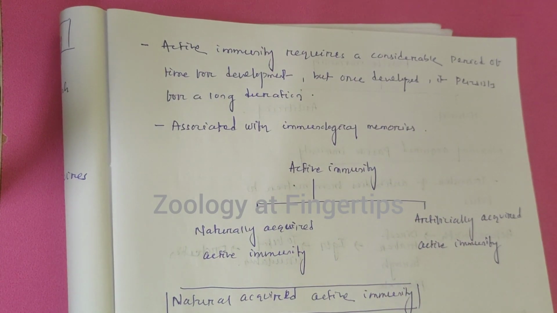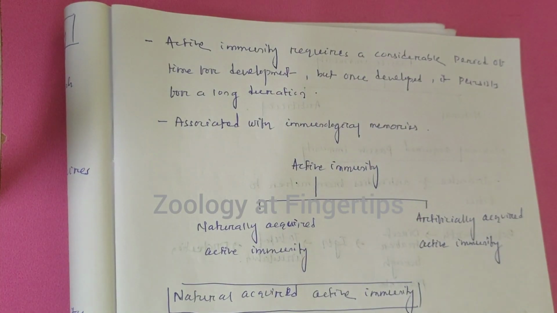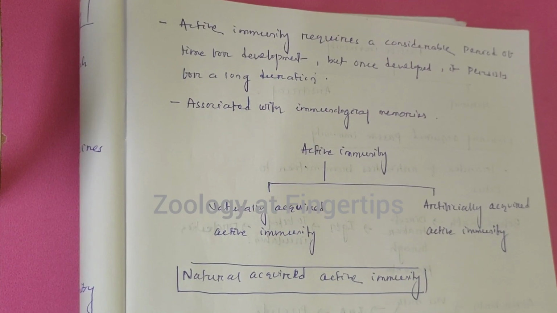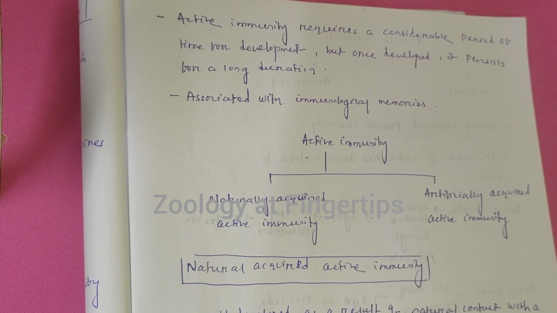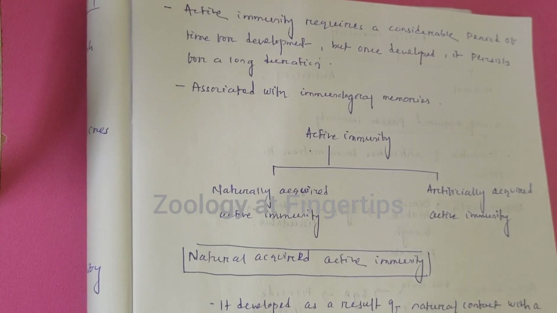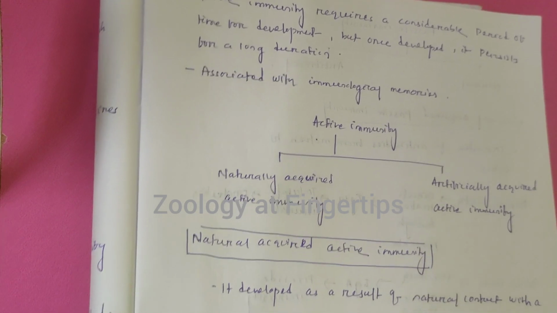And the most important point of this active immunity is that it is associated with immunological memory. Immunological memory is simply lymphocytes which are developed during the primary response. Primary response means when our body comes in contact with a particular antigen for the first time, it develops certain lymphocytes which are retained in our body.